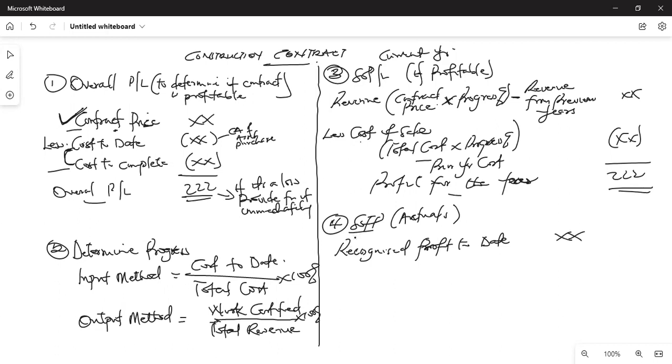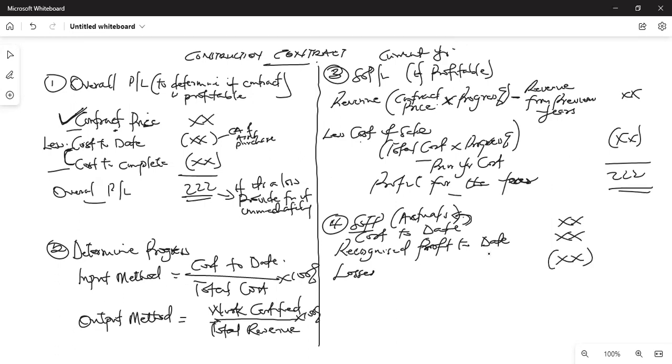So let's start with our cost to date first. You bring in your cost to date. And your cost to date here, like I said, we are actually talking about the actuals, what you have actually incurred. Then you bring in your recognized profit to date. Then if there was a loss, this is where we say you recognize it immediately. You less it from here.